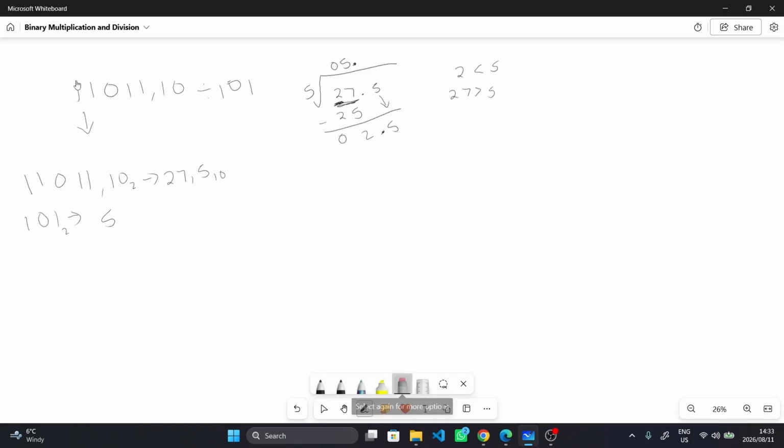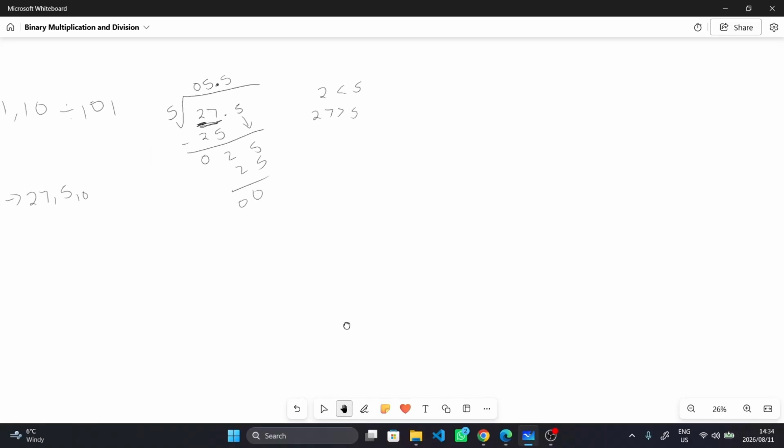So whenever we bring something after the point, we also have to put a point there. So that will be 5.5, and we know that is times 5. And here we have solved this, right? Now let's do this in binary and see how it goes.